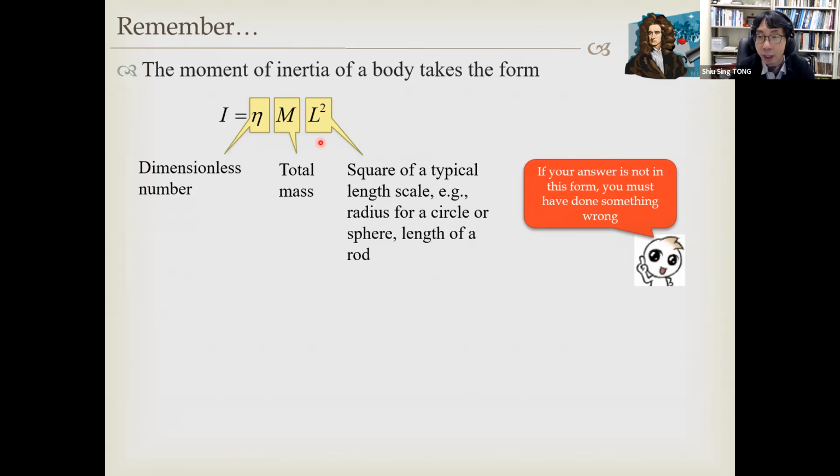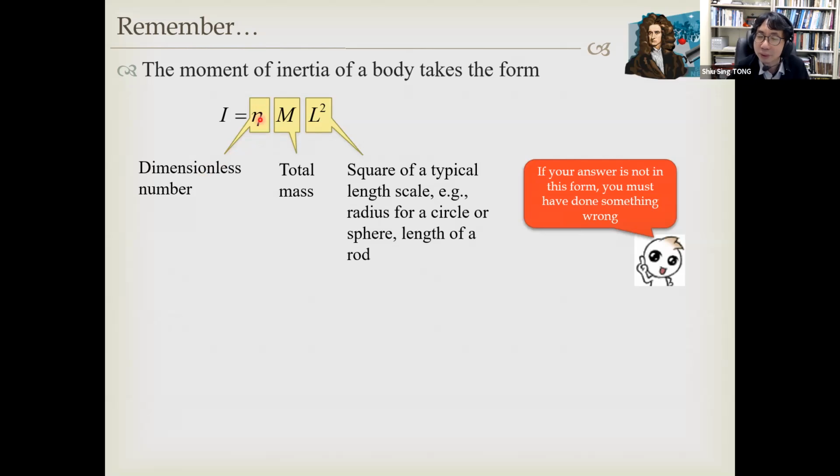If you consider, for example, a circle, then this L will become R, that is the radius of the circle, and so on and so forth. If you consider other figures, there will be other parameters, but the parameter is a length with a dimension of length squared, multiplied by the total mass of that object, and you have a numerical dimensionless number in front.